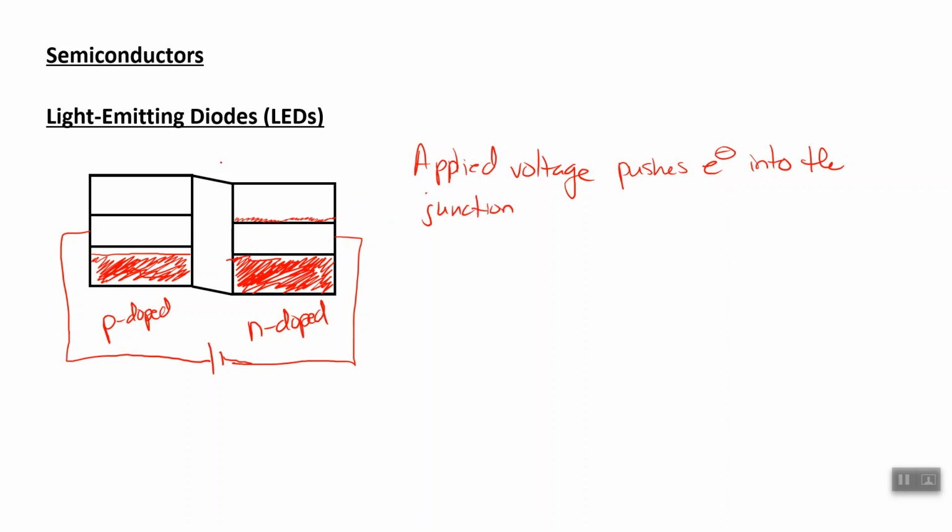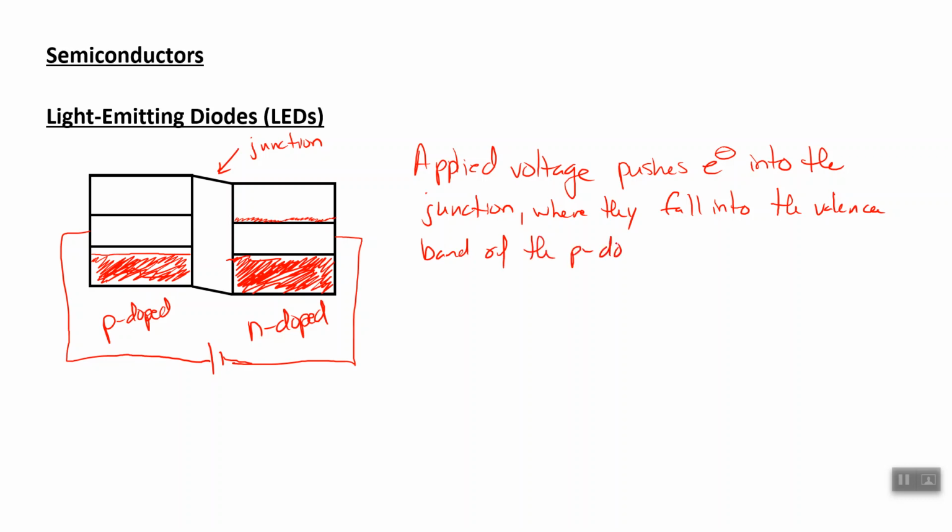I guess I didn't label the junction, but the junction is here. That's that middle part. Right? Pushes electrons into the junction, and then they fall into the valence band of the p-doped semiconductor.